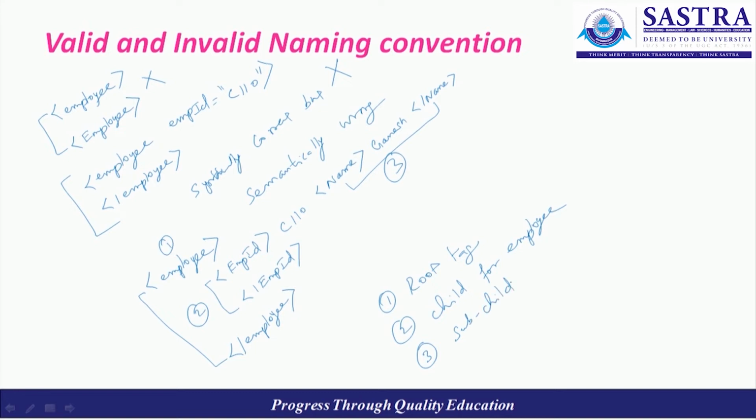Why? Because it is a child of employee ID, and employee ID is a child of employee. So, subchild for employee. Later we will be framing all these rules, that is what we are learning: the components, and the descriptions about parent, child, subchild.